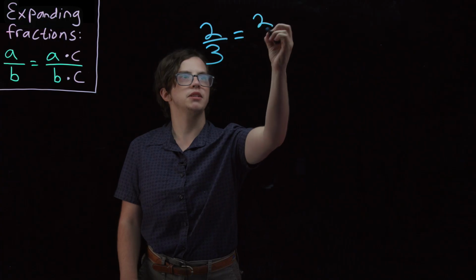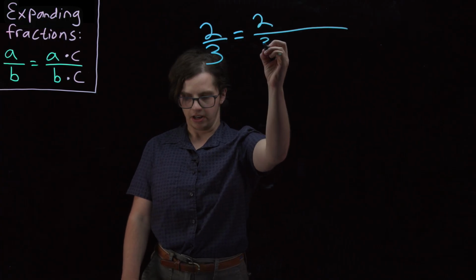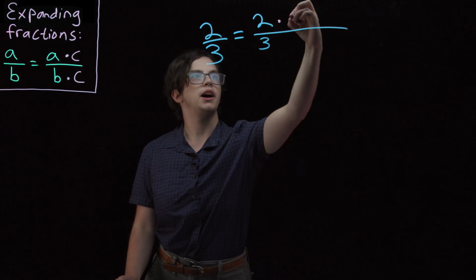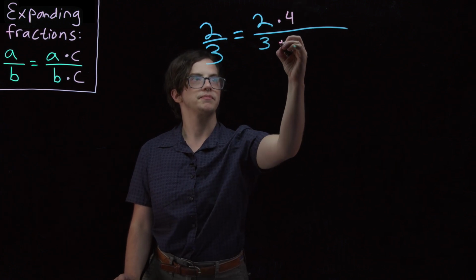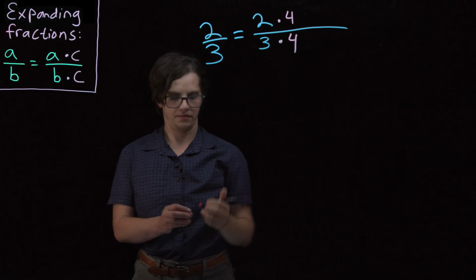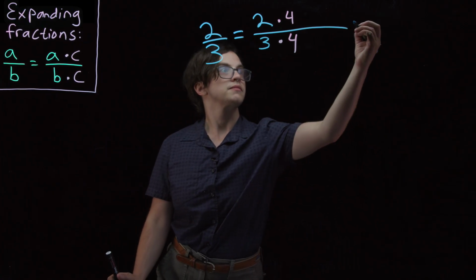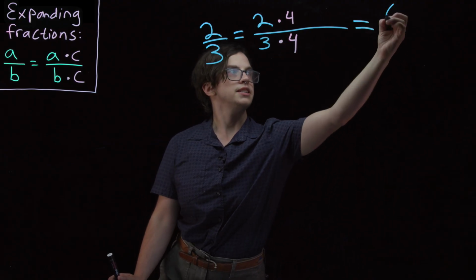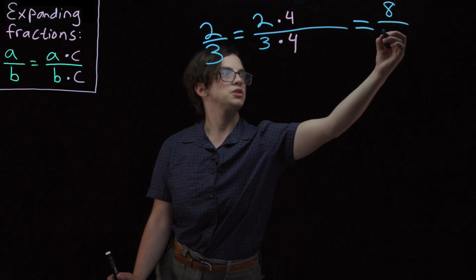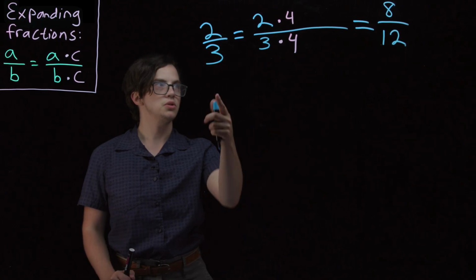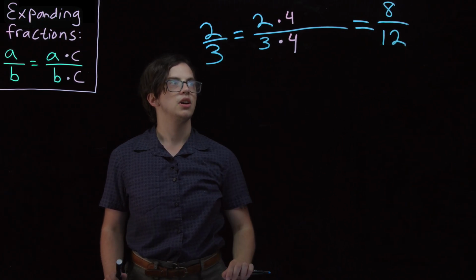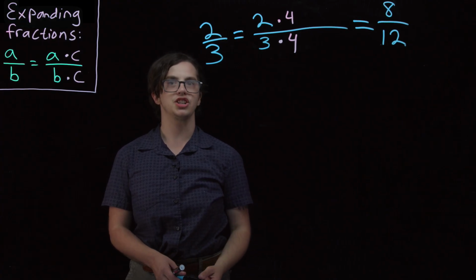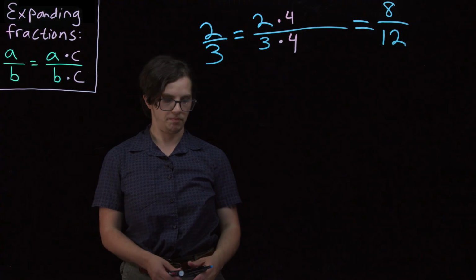So I'm going to take my numerator and my denominator, and I am going to multiply these both by 4. Two times 4 is 8, and 3 times 4 is 12. So 2/3 and 8/12 are equivalent fractions, which we expanded by multiplying the numerators and the denominators by 4.